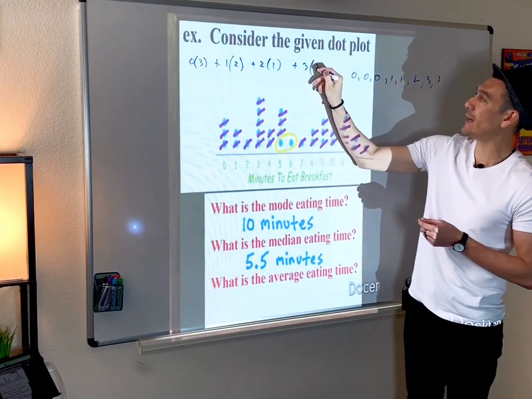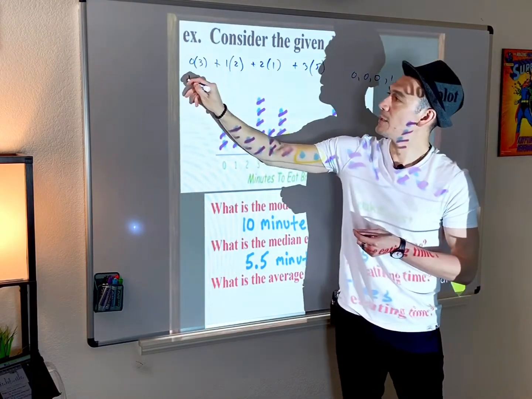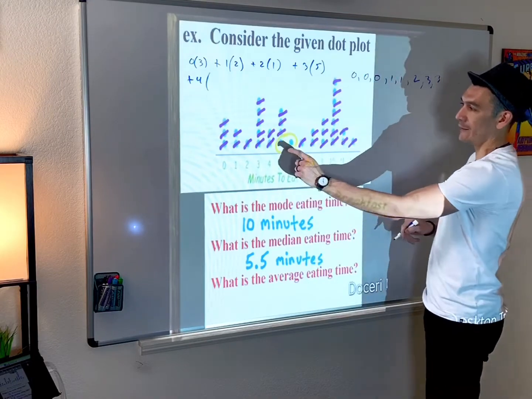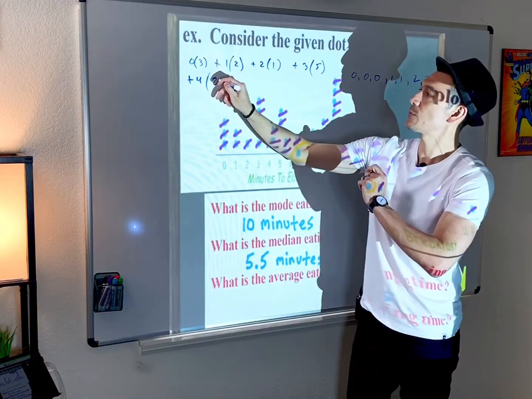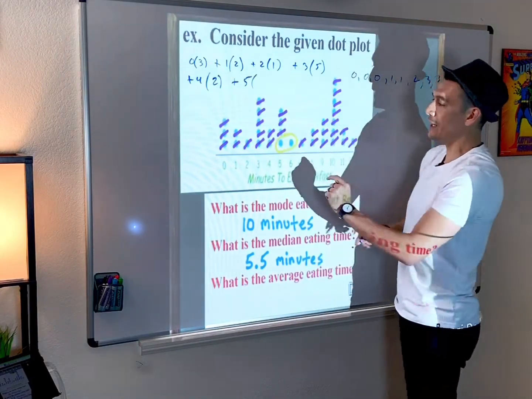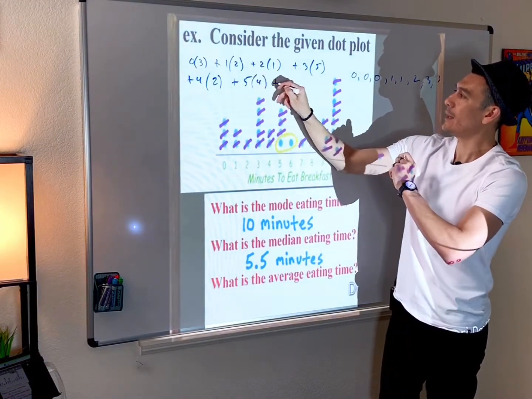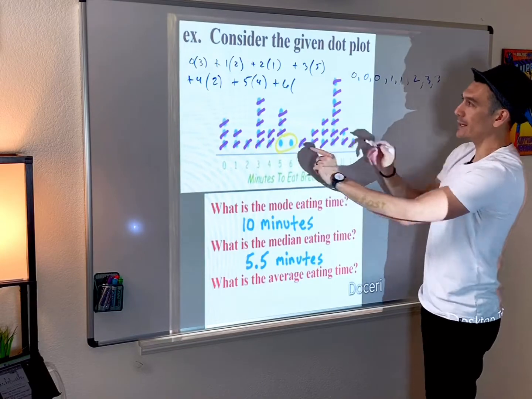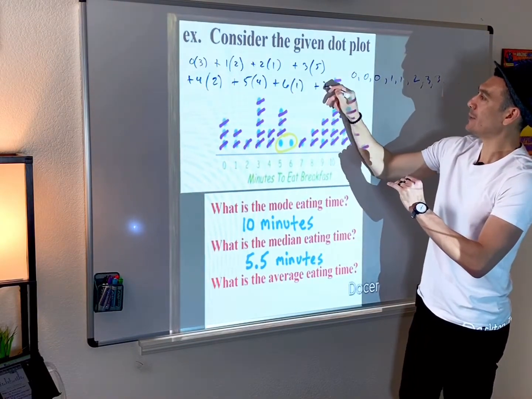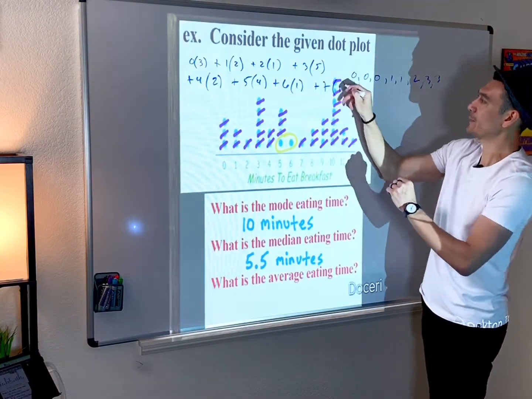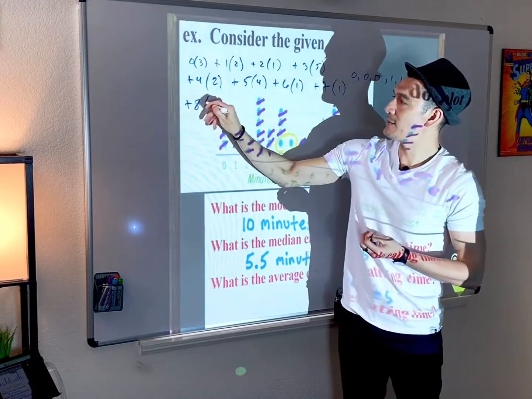It happens 5 times. Plus 4, how many 4s do we have? We have 2 4s. And then how many 5s? We had 1, 2, 3, 4. Okay. And then how many 6s? We had 1. How many 7s? We had 1. And then how many 8s did we have?